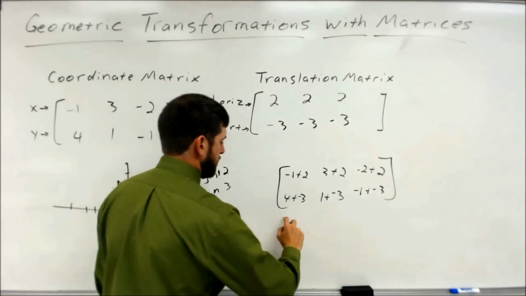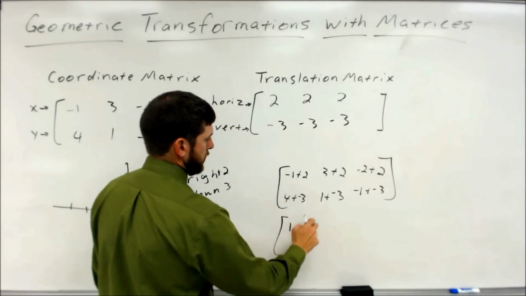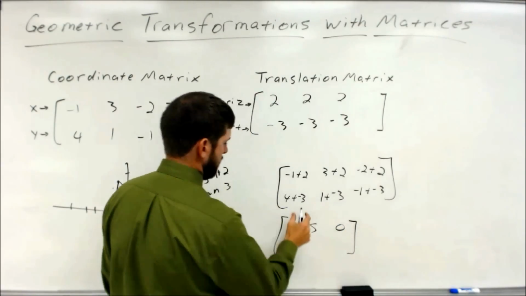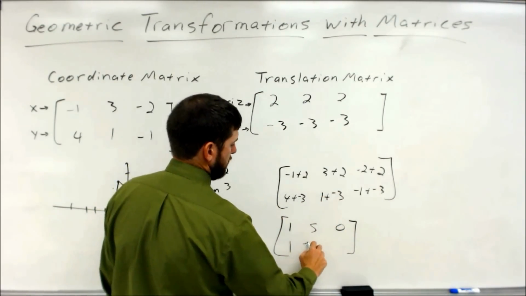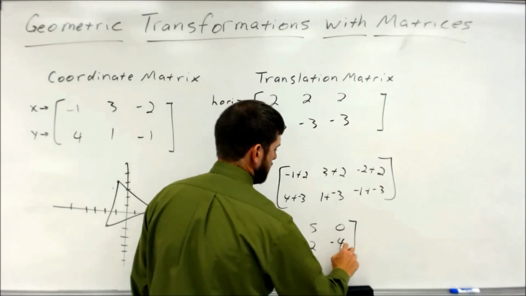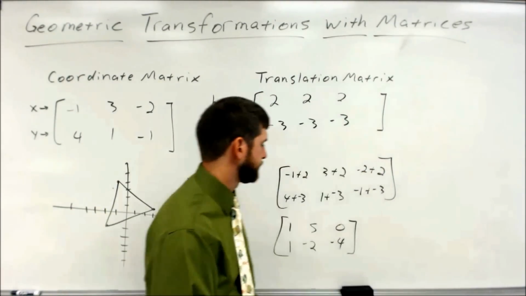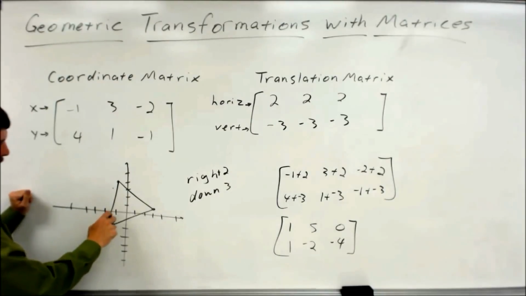Do the arithmetic on it: 1, 5, 0, 1, -2, -4. If we graph that new figure, I'm at the point 1, 1.